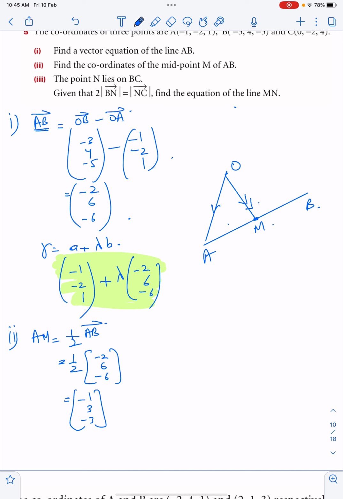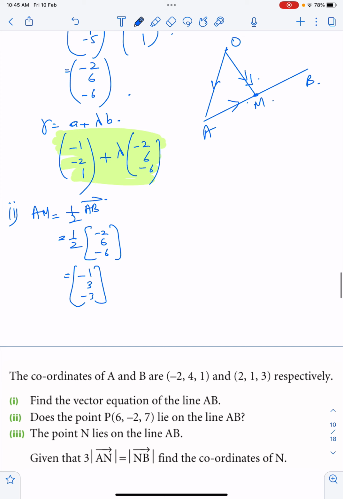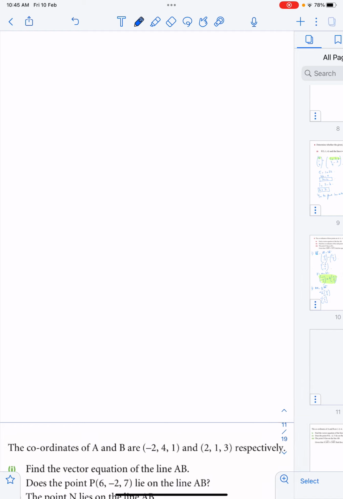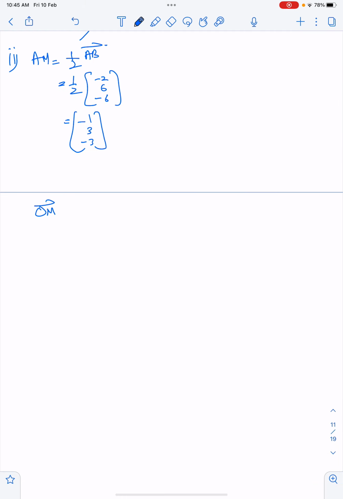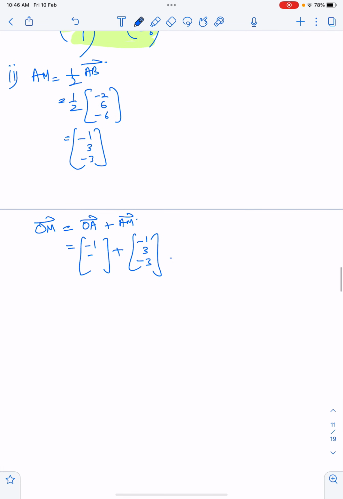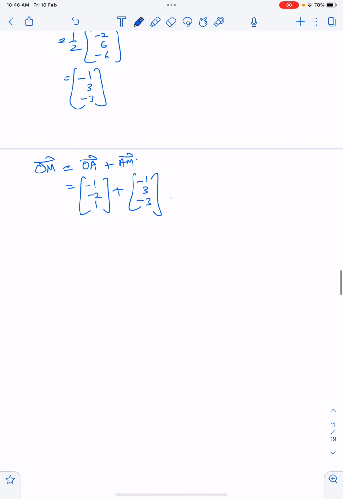So OM is OA plus AM, which is (-1, 3, -3) plus OA, which is (-1, -2, 1). Okay, let's add them up. Minus 1 minus 1 is minus 2, minus 2 plus 3 is 1, and 1 minus 3 is minus 2. This is OM.